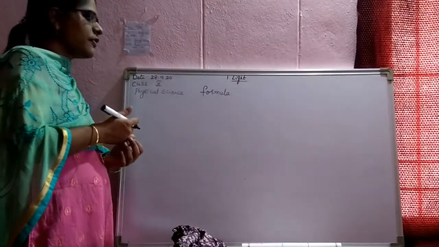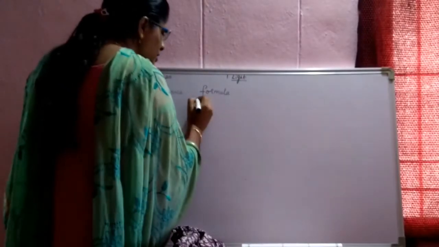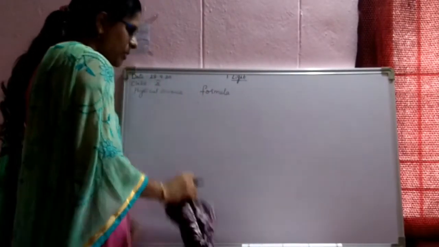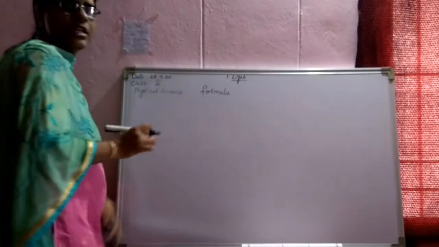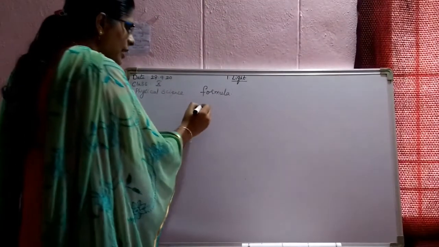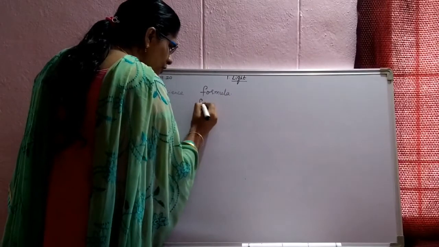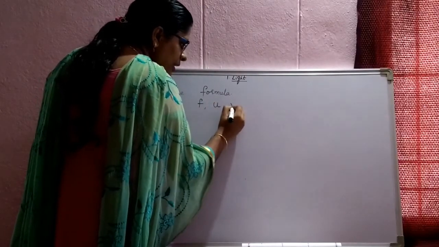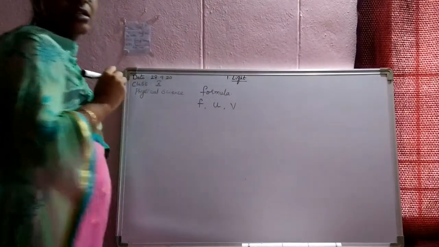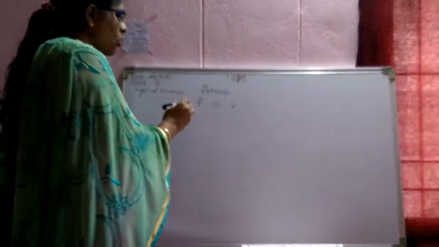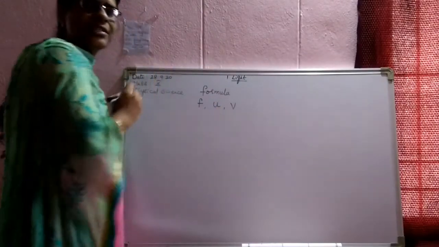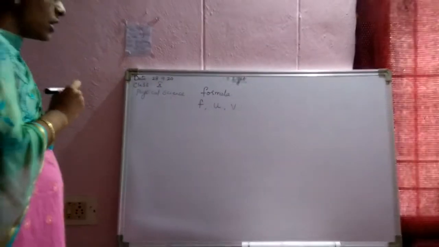Here, the first formula is the relation between your focal length f, object distance u, and image distance v. Okay children, focal length f, object distance u, image distance v.